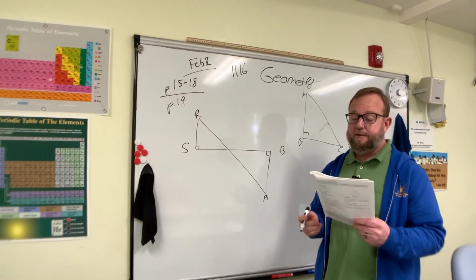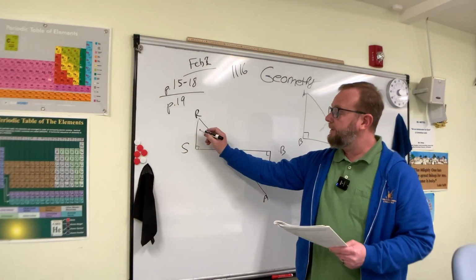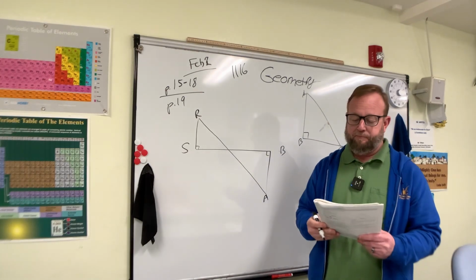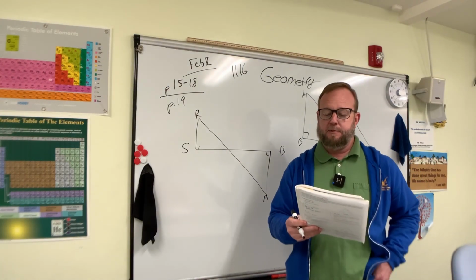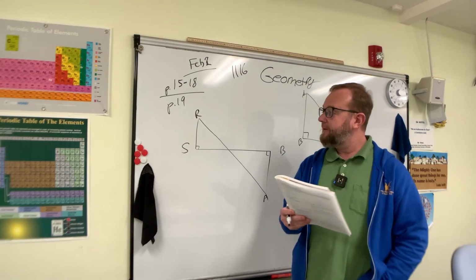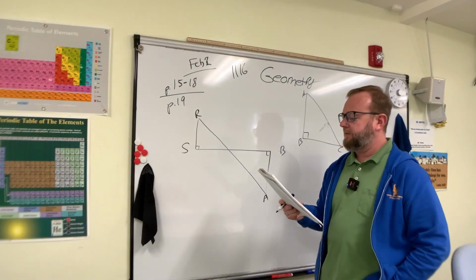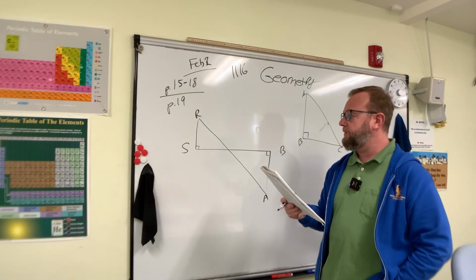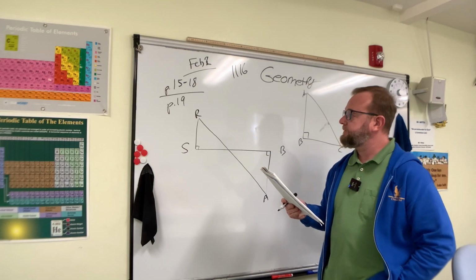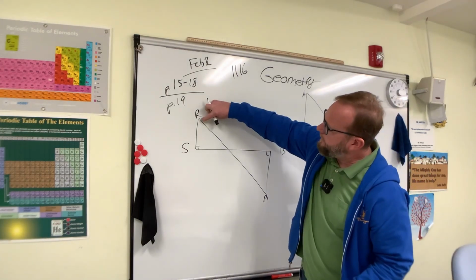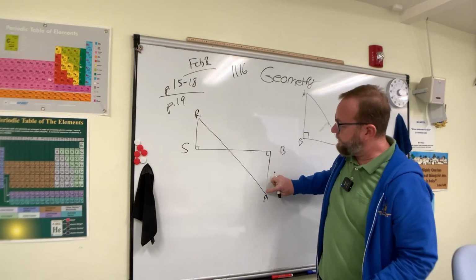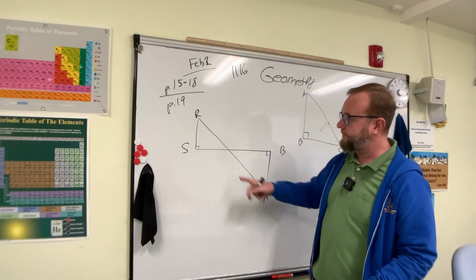Do I have anything else? Parallel, right angles. I need to be able to find angles that are congruent. This angle and that angle. And I know this is parallel to that.